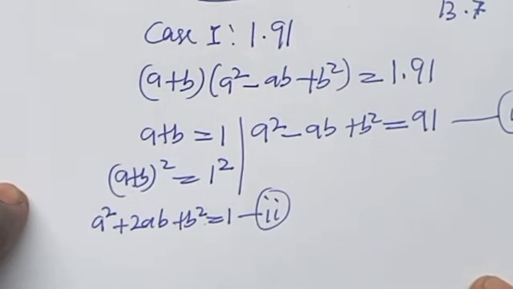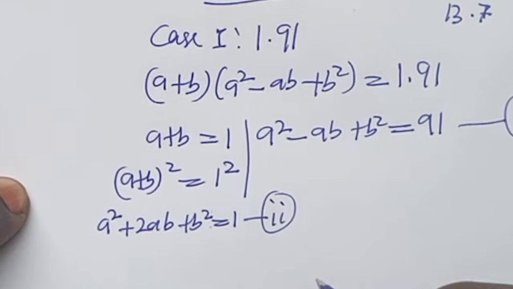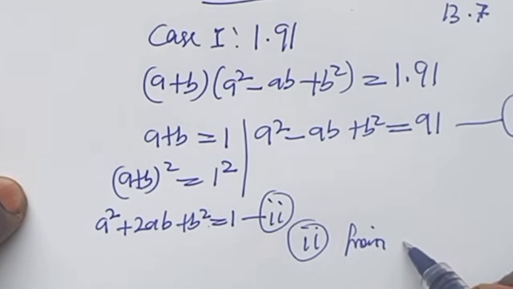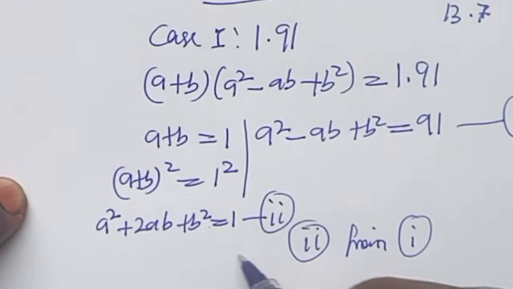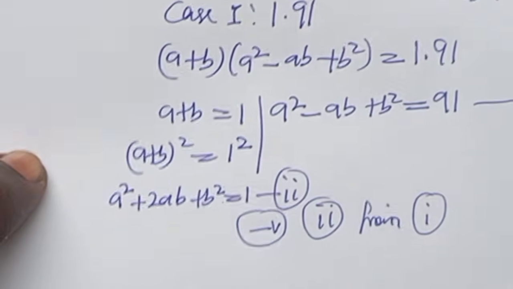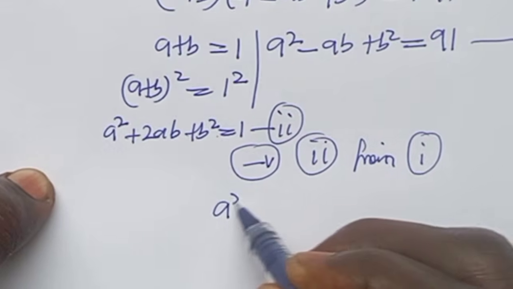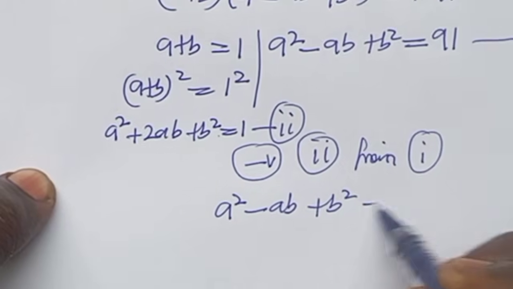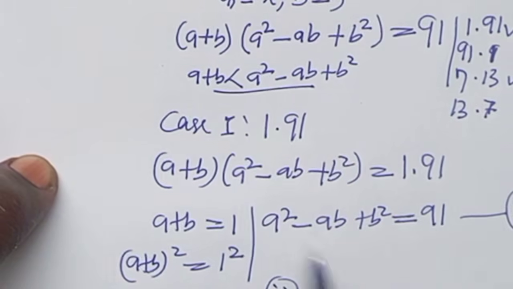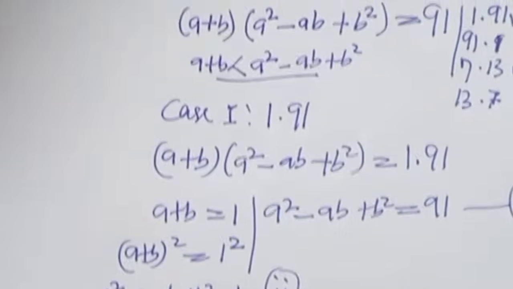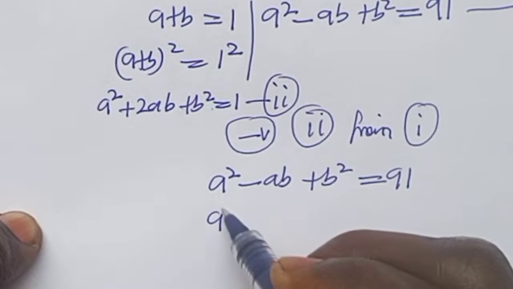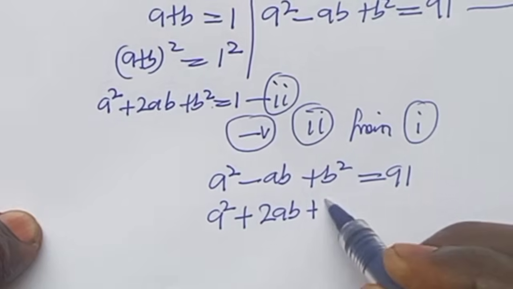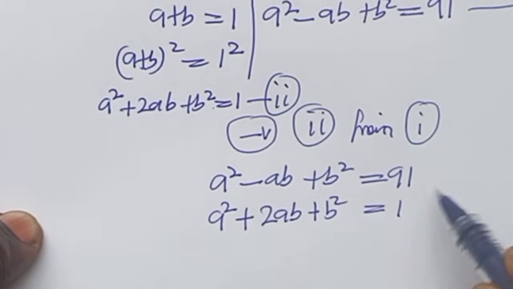And here, we're going to subtract equation 2 from equation 1. That is a to the power of 2 minus ab plus b to the power of 2 is equal to 91 for equation 1, and a to the power of 2 plus 2ab plus b to the power of 2 is equal to 1.